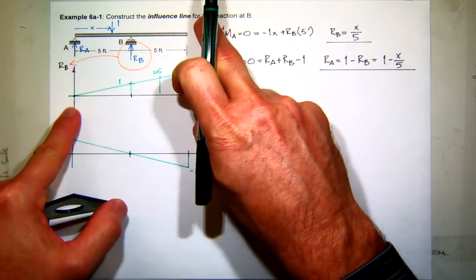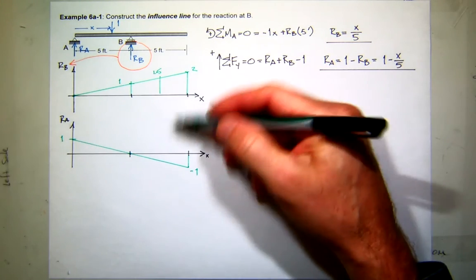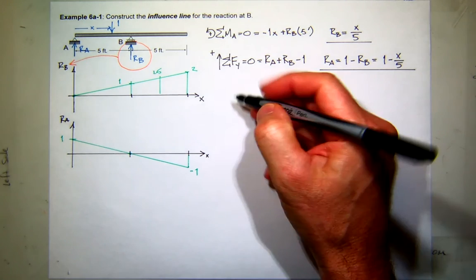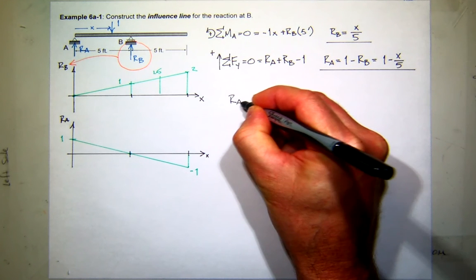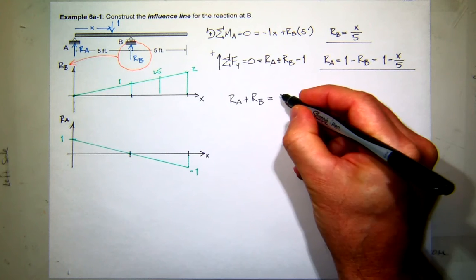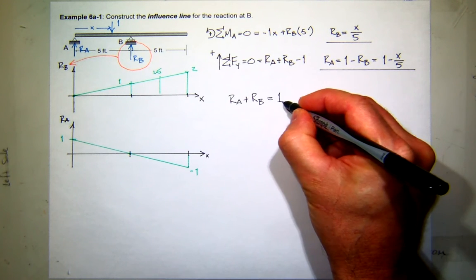It's like a seesaw. What if I add these two together? What do I get at every point? Well, what is the reaction at A plus the reaction at B at every point? It's 1.